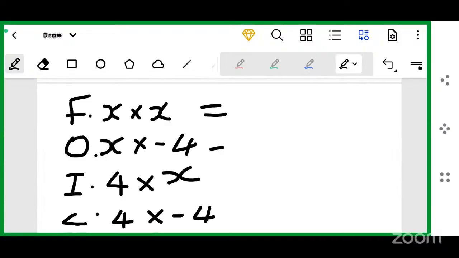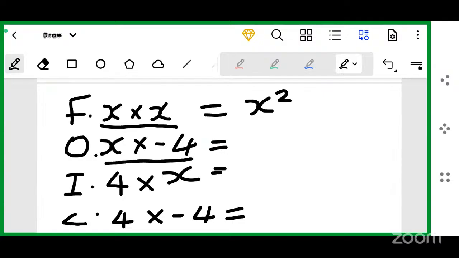So here, let's write our final answers. You're going to have x multiplied by x, which is x to the power of 2. You have x times negative 4, which is negative 4x. You have 4x multiplied by x, which is positive 4x.